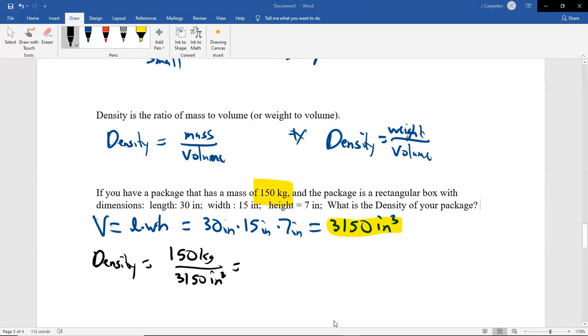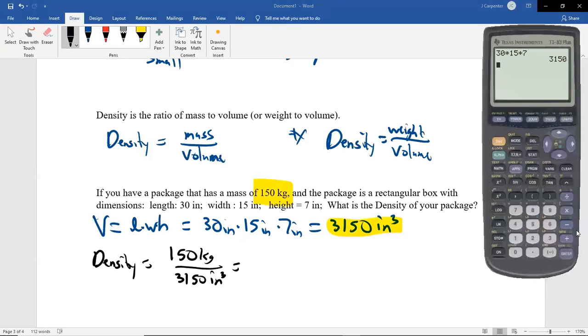So let's see what we get when we do this. 150 divided by 3150. And you get 0.047619, blah, blah, blah. Let's take that to 3 decimal places just for a little more accuracy, which would be 0.047, but the 6 tells us to round up, so the 7 becomes an 8. So 0.048.